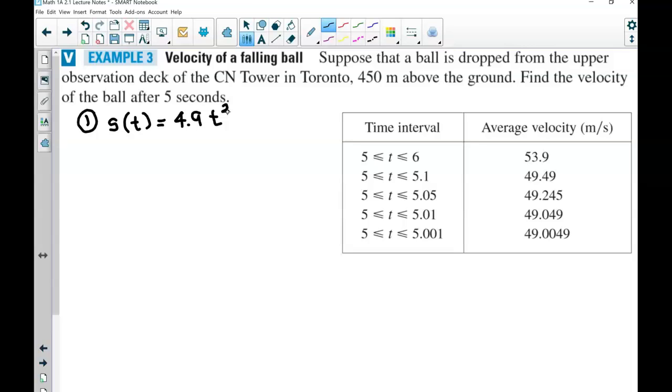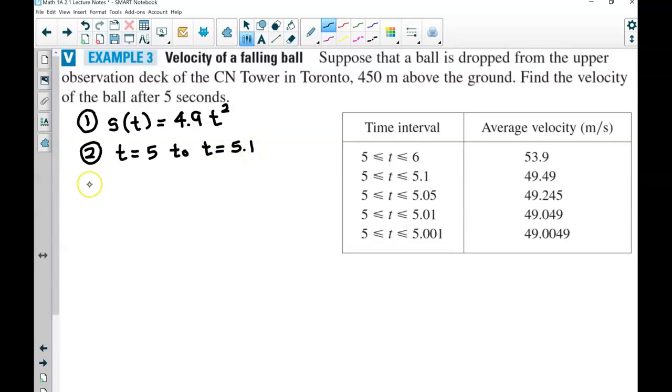So we can find out what's happening from t equals 5 to t equals 5.1. Since we want to find out what it is at t equals 5, we're going to explore the time interval of 1/10 of a second.